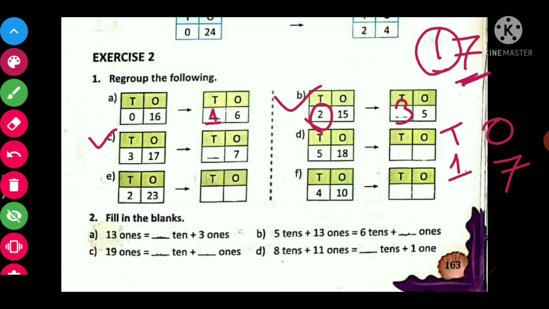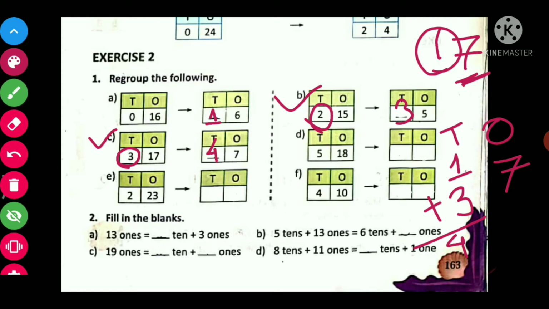But in tens place already 3 is there, so we'll add this 3 with the 1. It will become 4. So our answer will be 47. That means 7 will be in the ones place and 4 will be in the tens place. So we'll write 4 here.